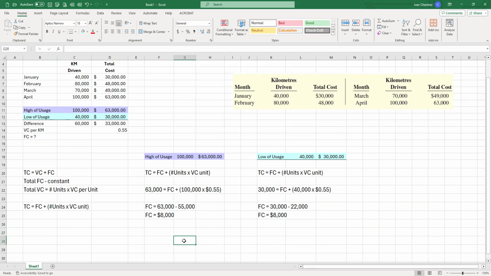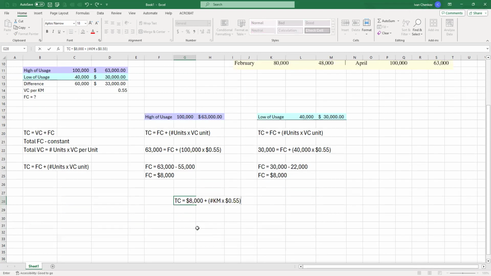So what will our formula be? Total cost will be equal to what? I already know the fixed cost, 8,000, plus, in brackets, the number of units, in this case the number of kilometers, times 55 cents per kilometer.